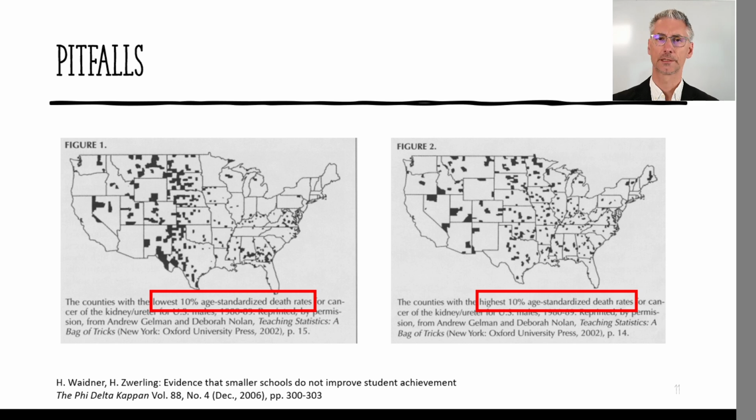Now, we've just reasoned that in rural areas, because of the healthy lifestyle, for example, or fewer pollutants, it makes sense that we have lower cancer death rates. Now if we look at the highest 10%, they're also rural areas.